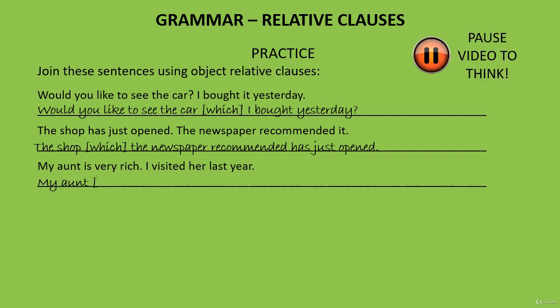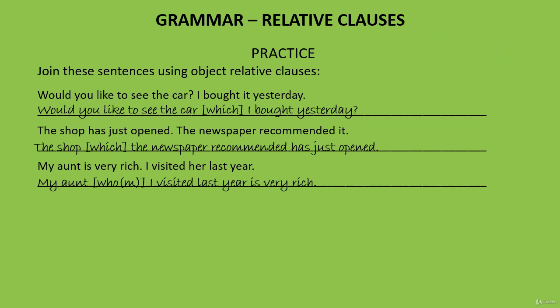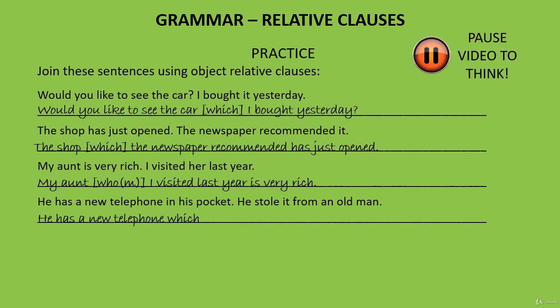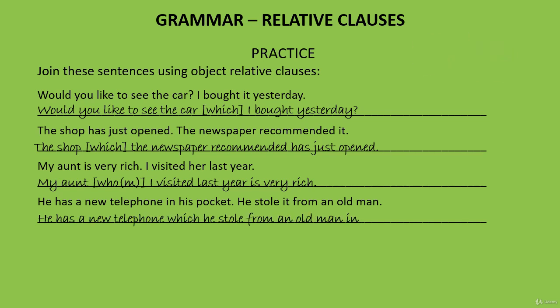My aunt, whom, or who, or nothing, I visited last year is rich. He has a new telephone which he stole from an old man in his pocket. Now careful here. The noun that we are defining is telephone.